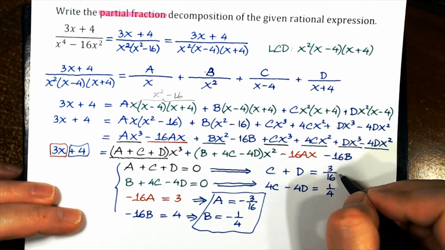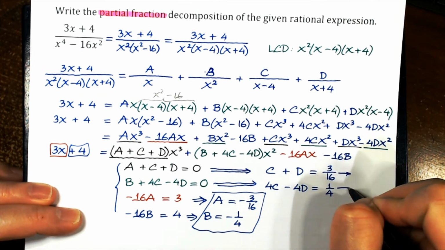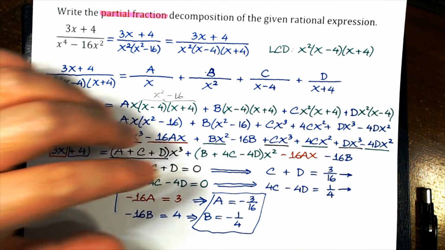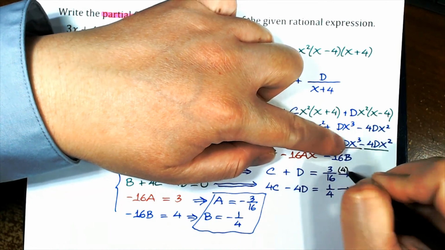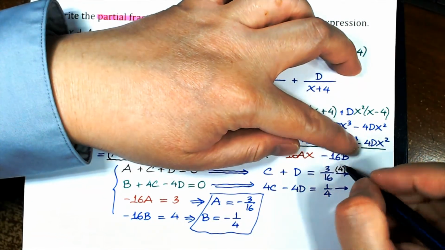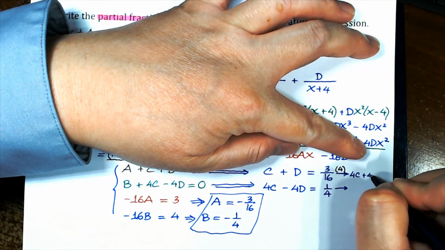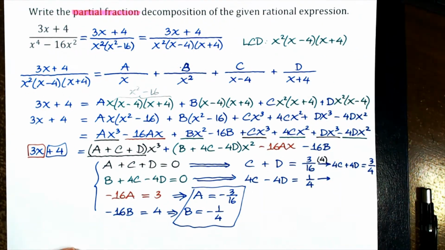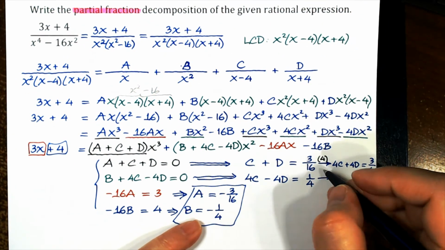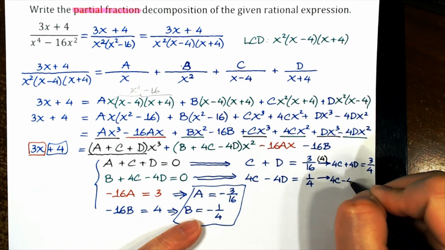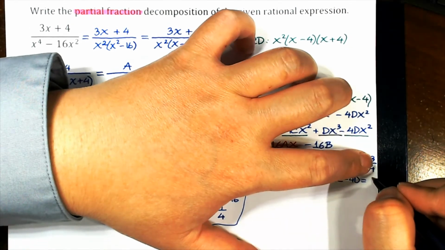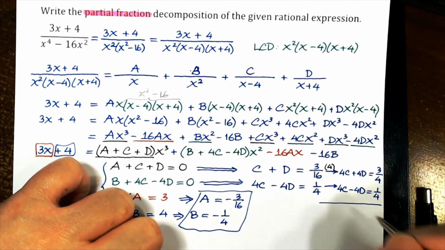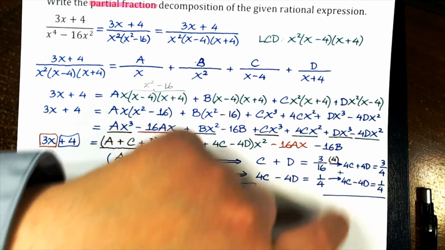For that, I'll try to eliminate d here. So if we multiply the top equation by 4, we have 4c plus 4d equal to 3 over 4. And then the bottom equation, we rewrite it. And when we add side by side, 4d and 4d cancel out.